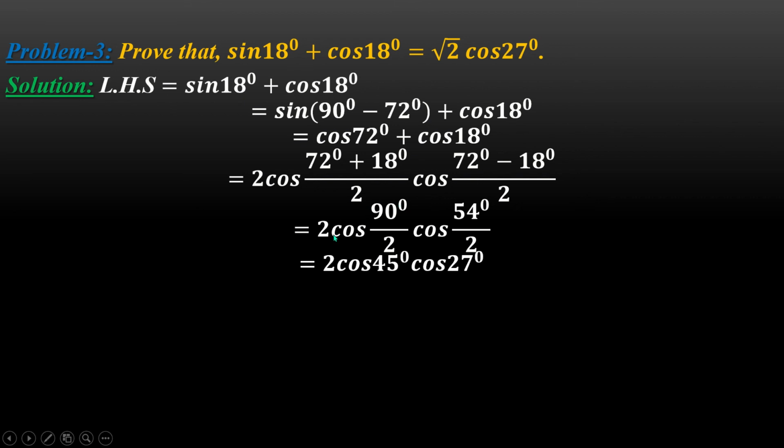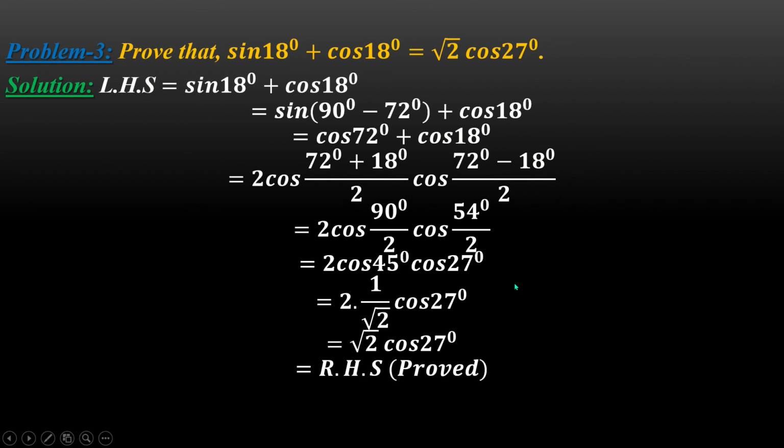This equal to, we can write 2 cos 45 degree, and here 27 degree. But cos 45 degree, this equal to what? 1 by root 2, and 2 into 1 by root 2 means root 2. That means this equal to root 2 cos 27 degree. This is a right hand side. Proof is complete.